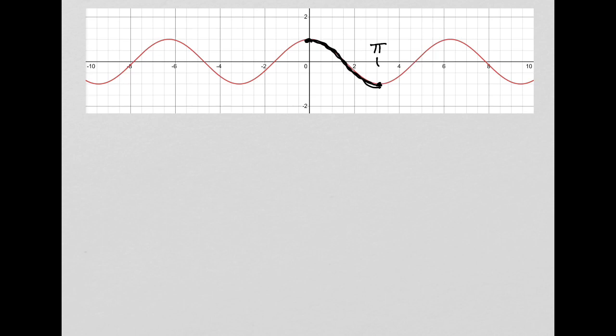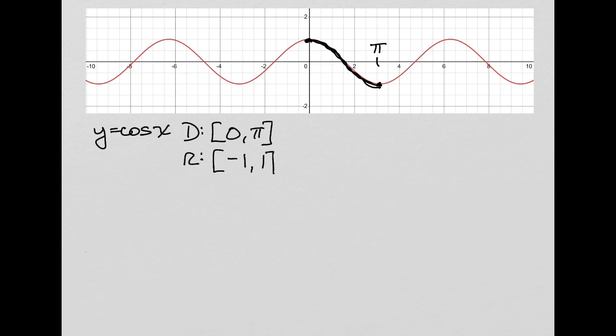So I'm going to look at the function y equals cosine x on just the domain from 0 to pi, not the whole thing, but just that little section. We'll notice that the range goes from negative 1 to 1. Y values go from negative 1 to 1, and I hit each of those y values exactly once on that little section of the cosine graph.